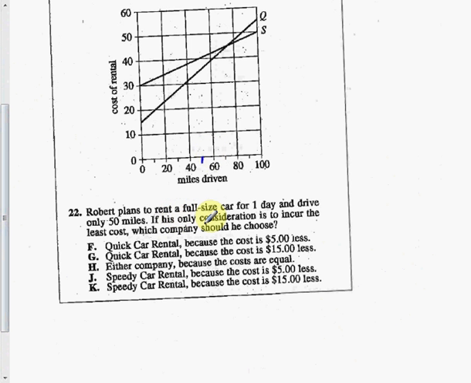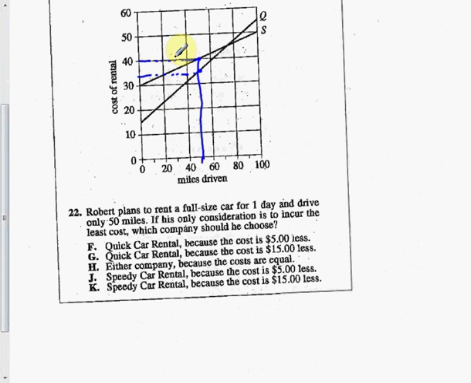If his only consideration is to incur the least cost, which company should he choose? So if we take this up, the car that has the least cost here would be Q, because this side over here gives us the cost, and then we see the cost there for S.